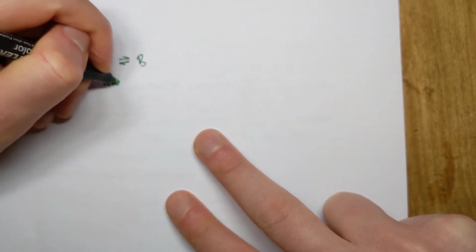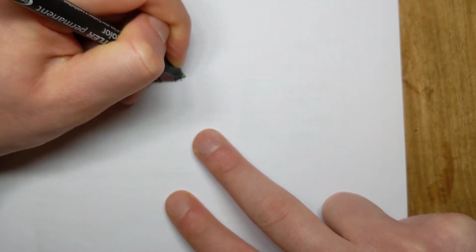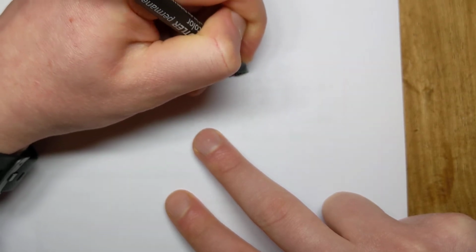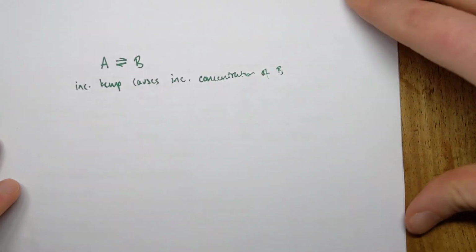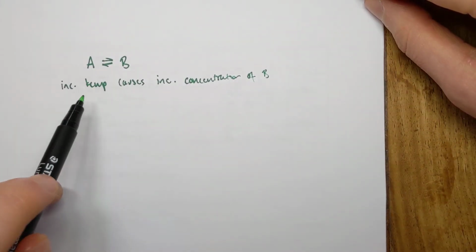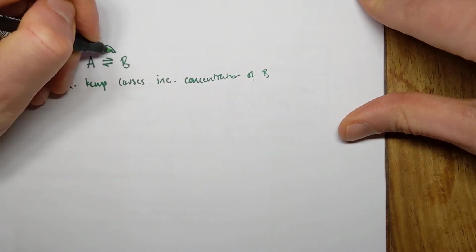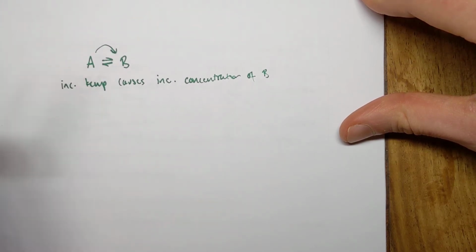Increasing the temperature caused an increase in the concentration of B. So there's a little bit of interpreting to do there. They're making it a wee bit cryptic here. Important thing to think is, if I'm increasing the concentration of B, therefore my forward reaction must have taken over, it must be increased, because I'm favouring the production of the product rather than the reactant.